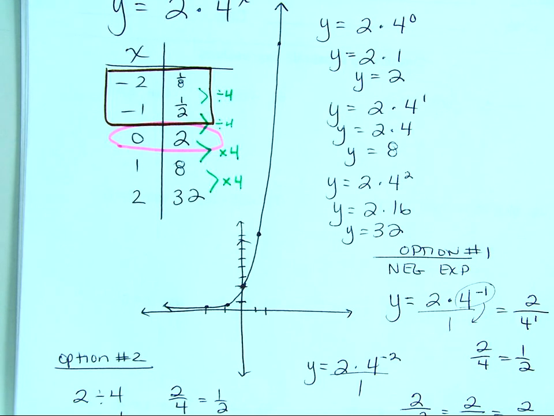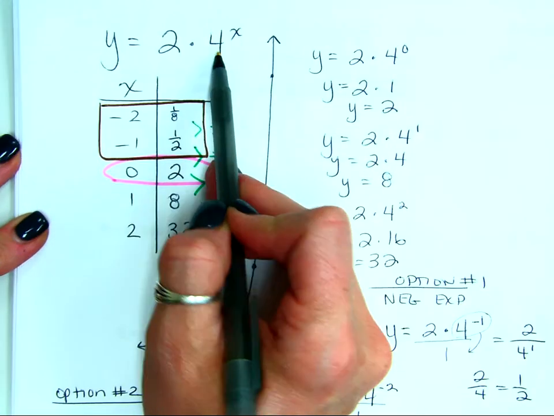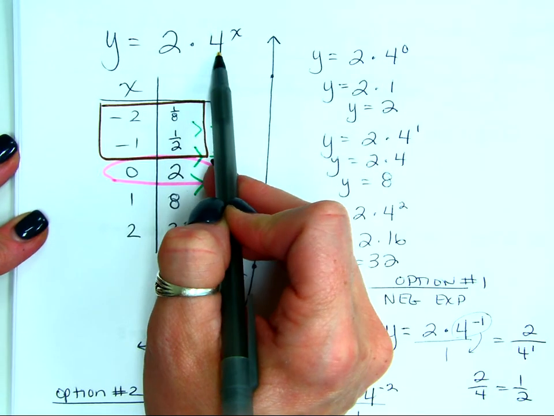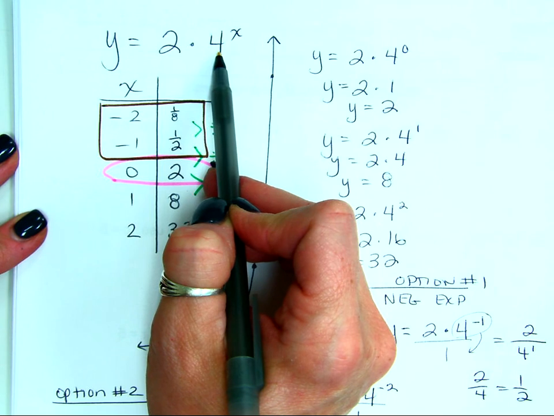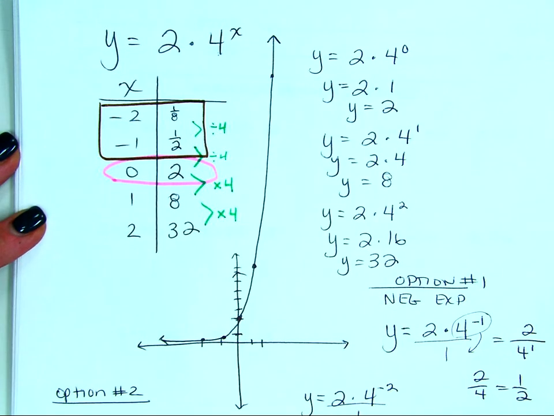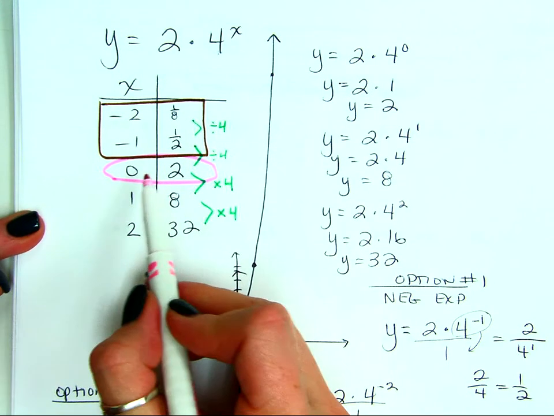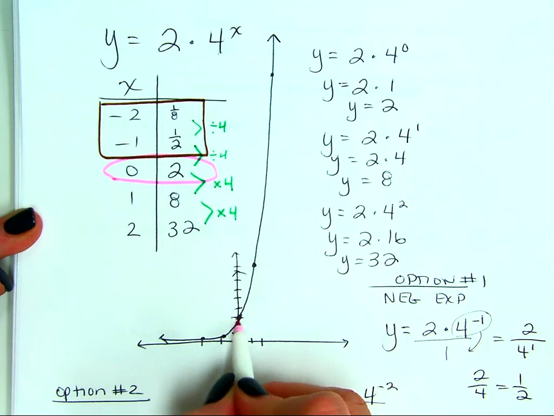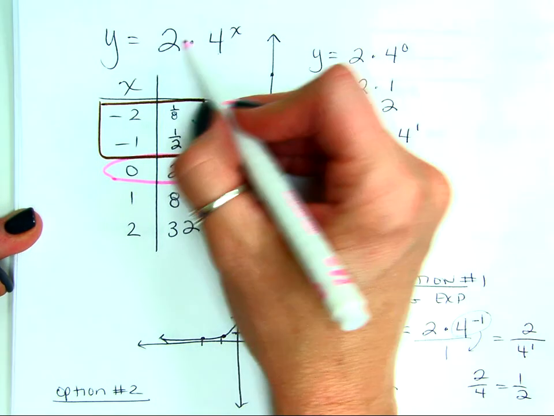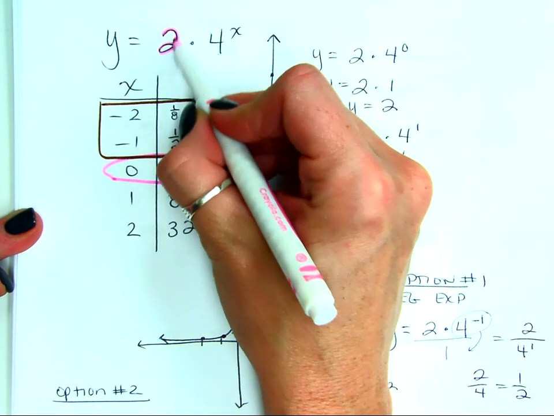So this is an example of exponential growth because this number right here is greater than 1, because your b is greater than 1. I also want to point out that I have this circled in pink, and here it is right here, and here it is right here. Let's take a look at that for a minute.